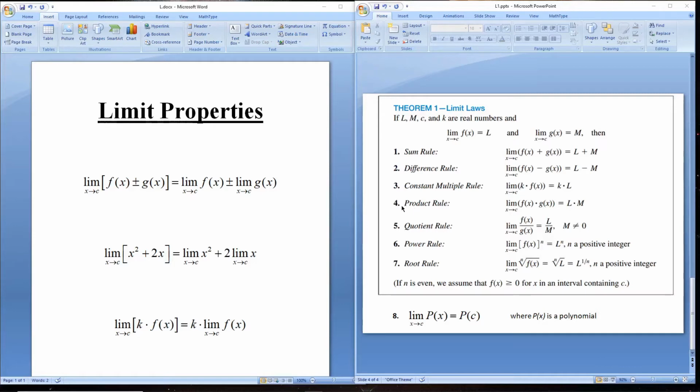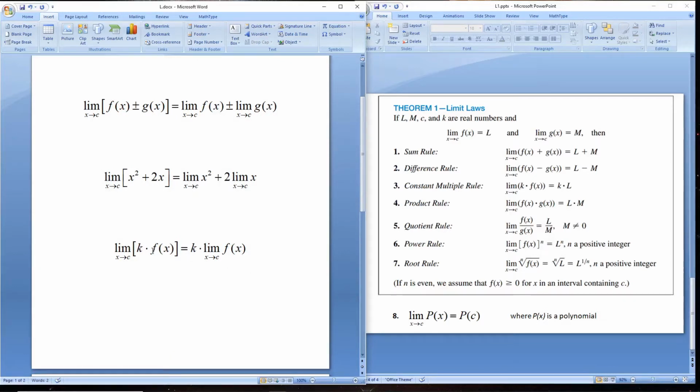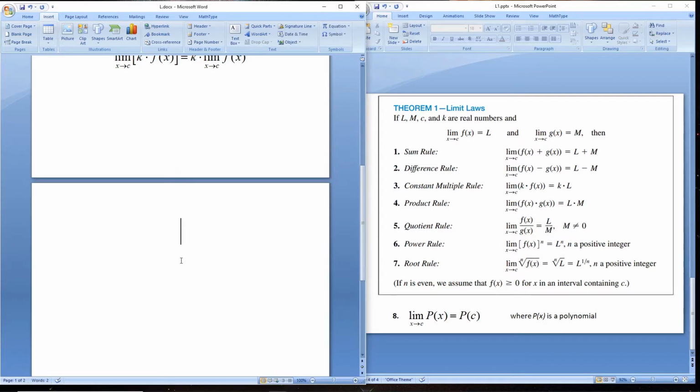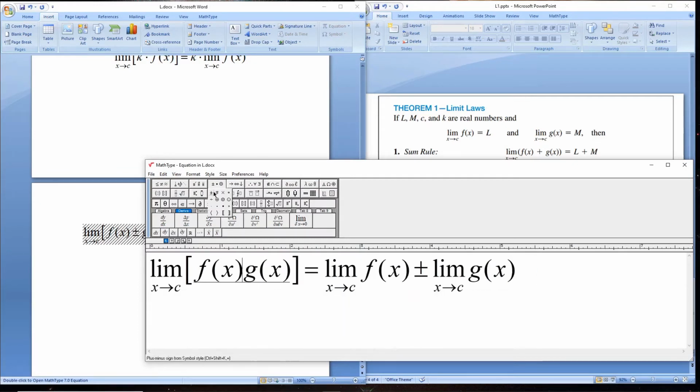So property 4 and 5 here are both also pretty interesting. And what they're saying is something similar to distribution, but instead of being plus or minus here, it's multiplication.